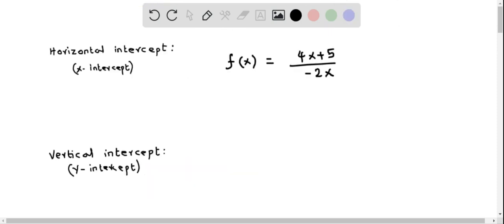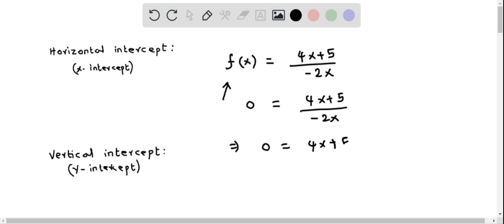Let's find the horizontal intercept of this function f of x equals 4x plus 5 divided by negative 2x. So we replace f of x by 0 and solve for x. So 0 equals 4x plus 5 divided by negative 2x, and this implies I multiply both sides by negative 2x. 0 times negative 2x is 0, and on the right side we get 4x plus 5.